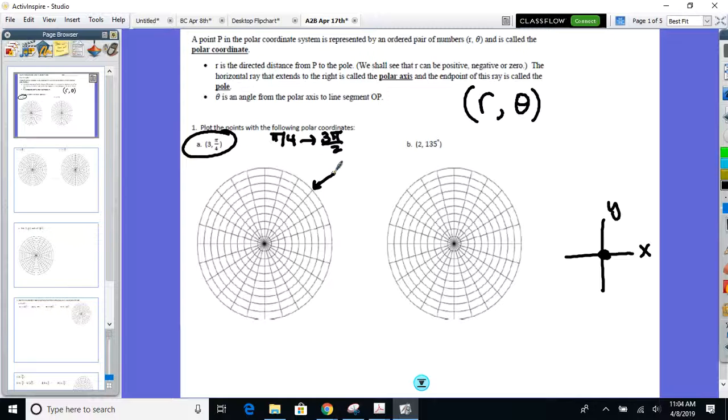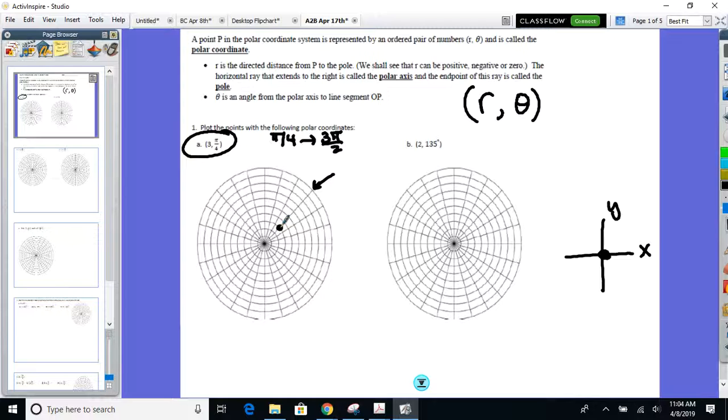Everyone agree? Now the R value, that directed distance, is how many units away from the pole the point is. So it's 3 units away at the pi over 4 level. Starting from the pole, go 1, 2, 3 units out, and there is 3 comma pi over 4.